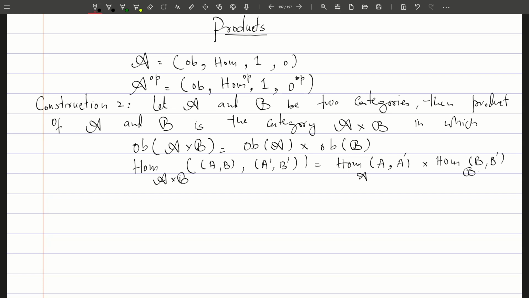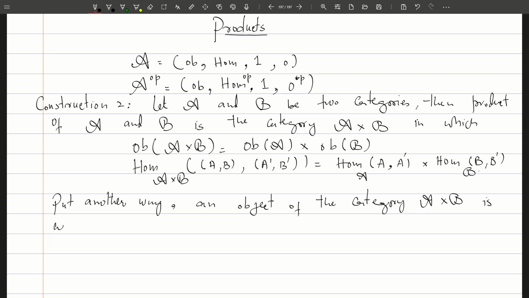Put another way, an object of the category A times B is a pair (A, B).